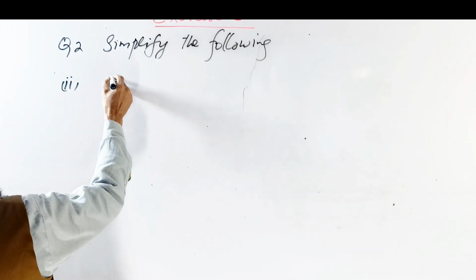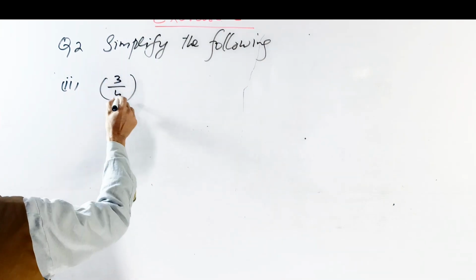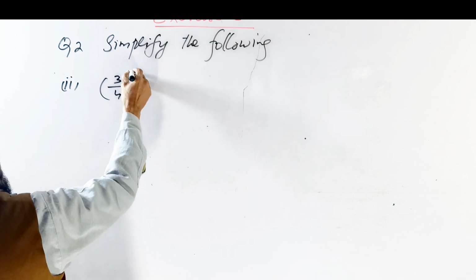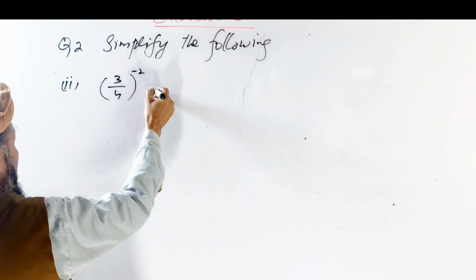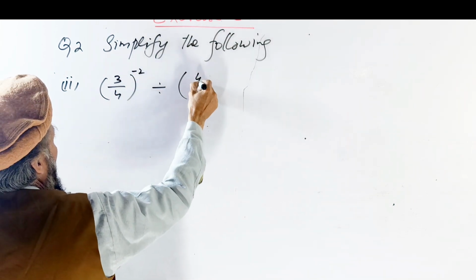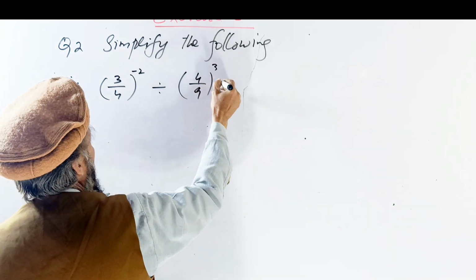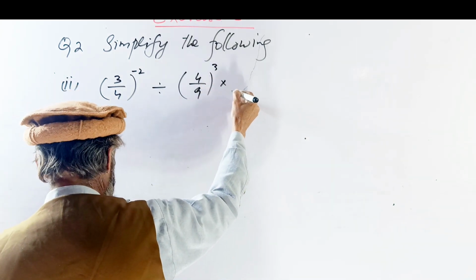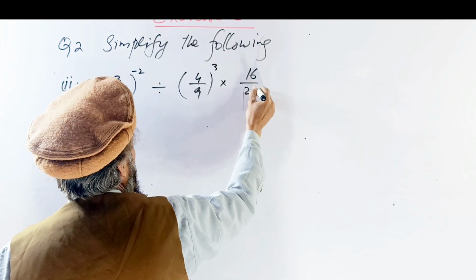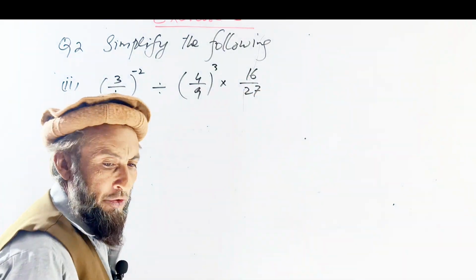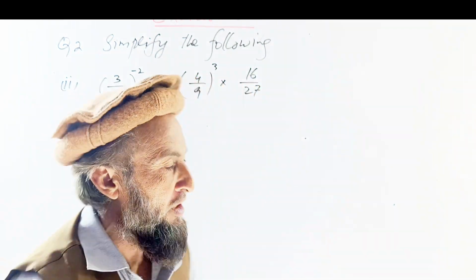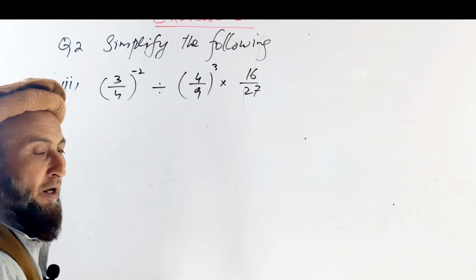Next, 4 by 3 whole power minus 2 into 16 divided by 27. We try to simplify, meaning further simplification is not possible.